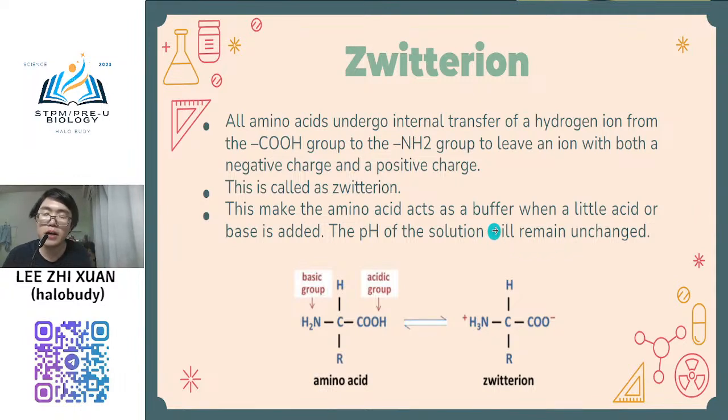But in a buffer, when you add a little acid or a little base, meaning a weak acid or weak base is added, the pH still remains unchanged. There is no pH change.